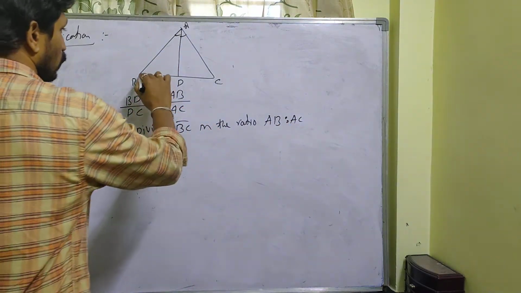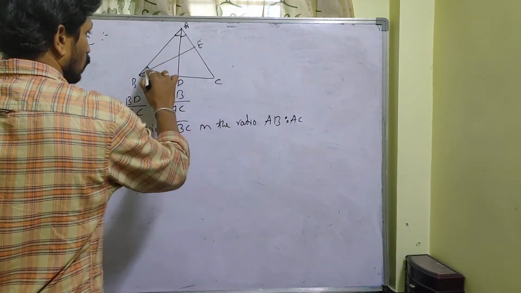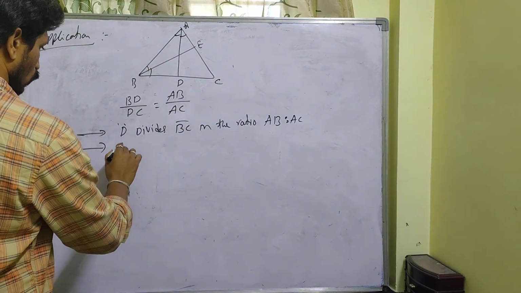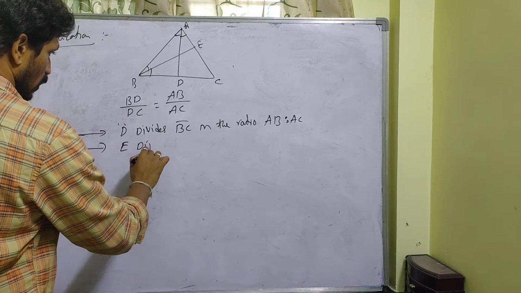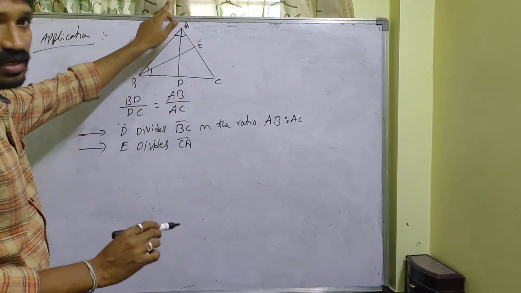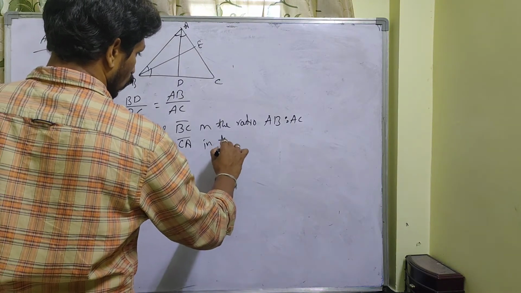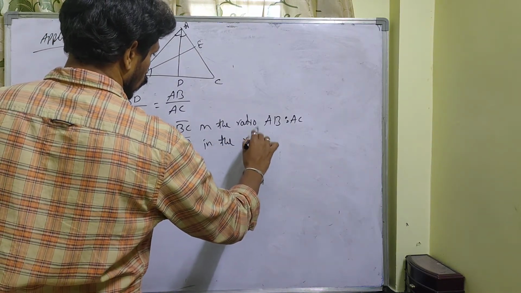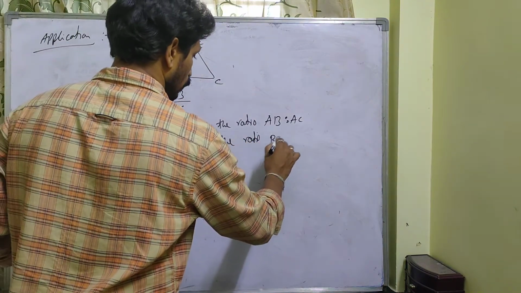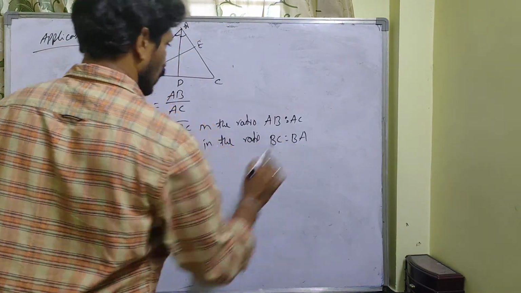Next one. Suppose it is E. It is also an angle bisector. E divides AC, or CA if you write in order, in the ratio BC is to BA. Next one.